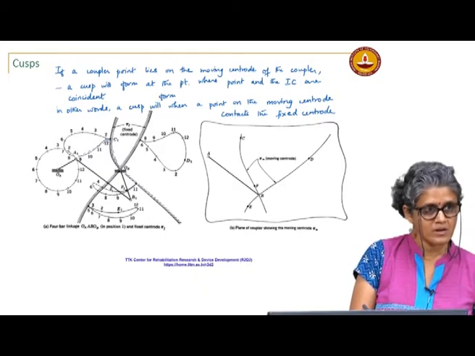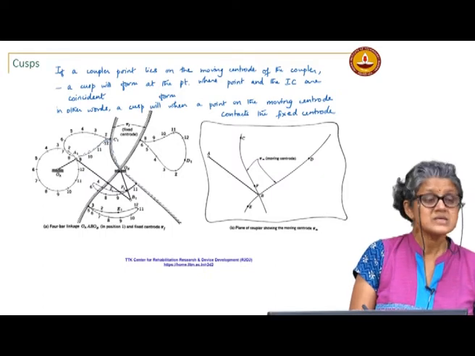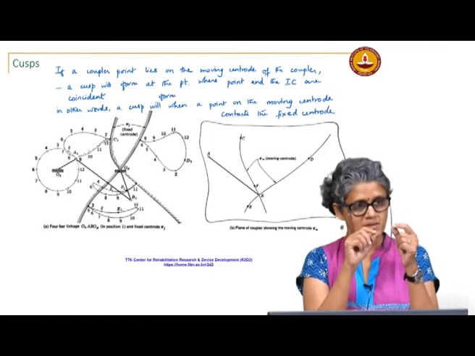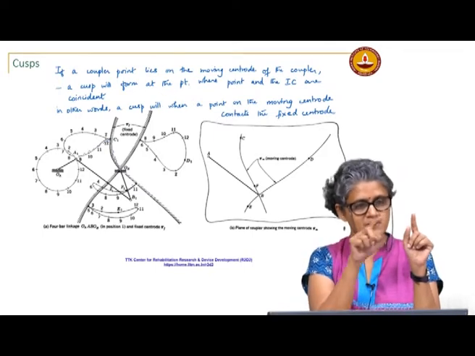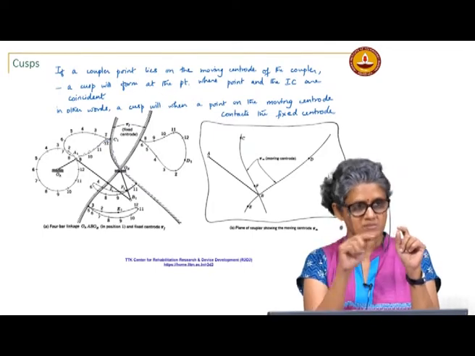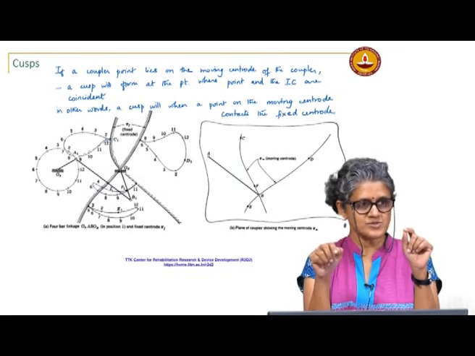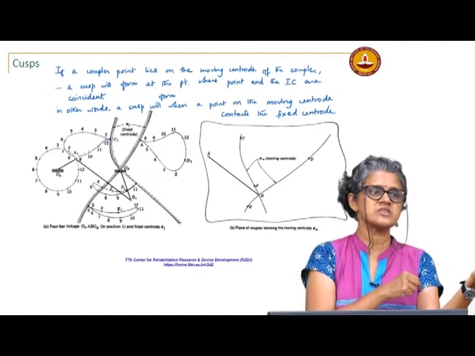So, the significance of a cusp is that the coupler point comes in a particular direction, its velocity goes to 0, and it reverses direction without any shock.